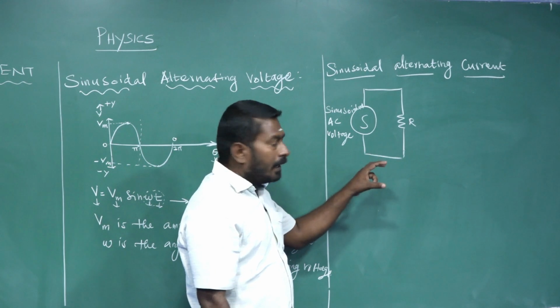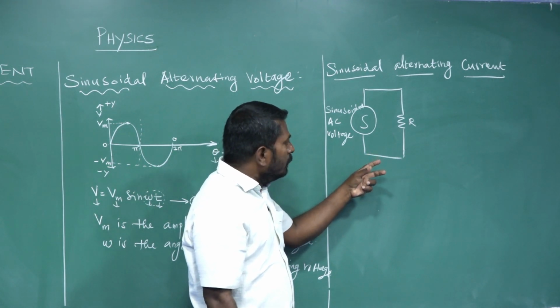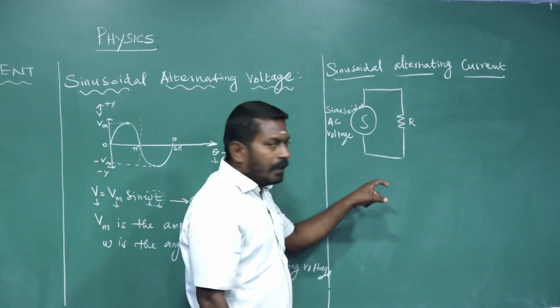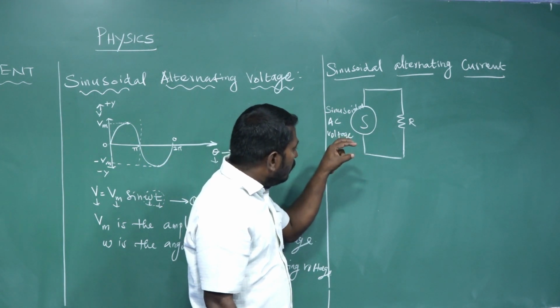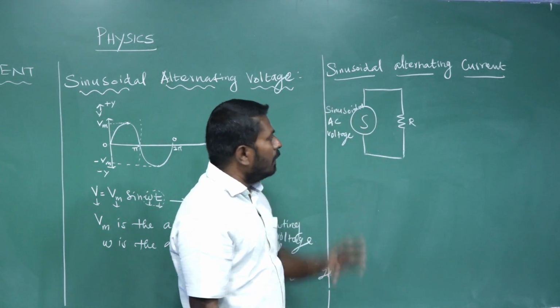If that alternating current waveform looks like a sine wave, then the resulting current is called sinusoidal alternating current.